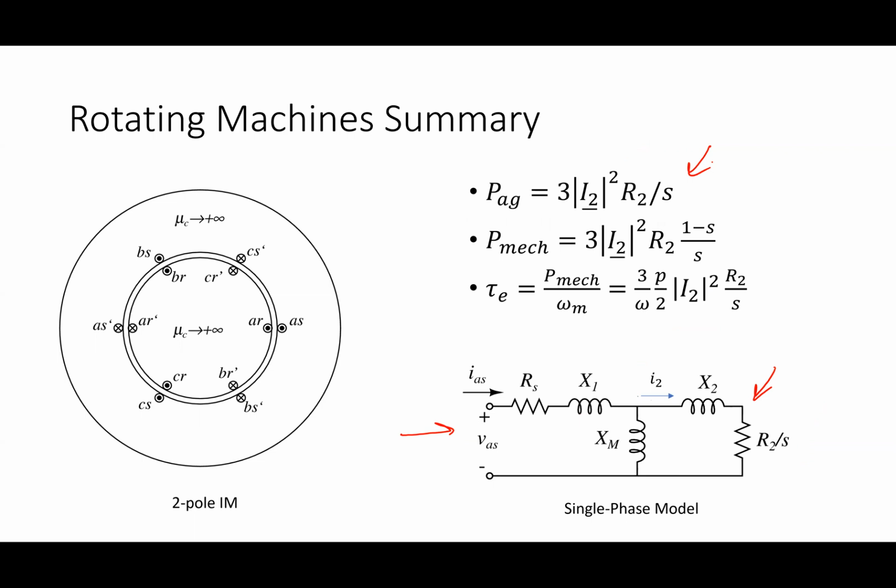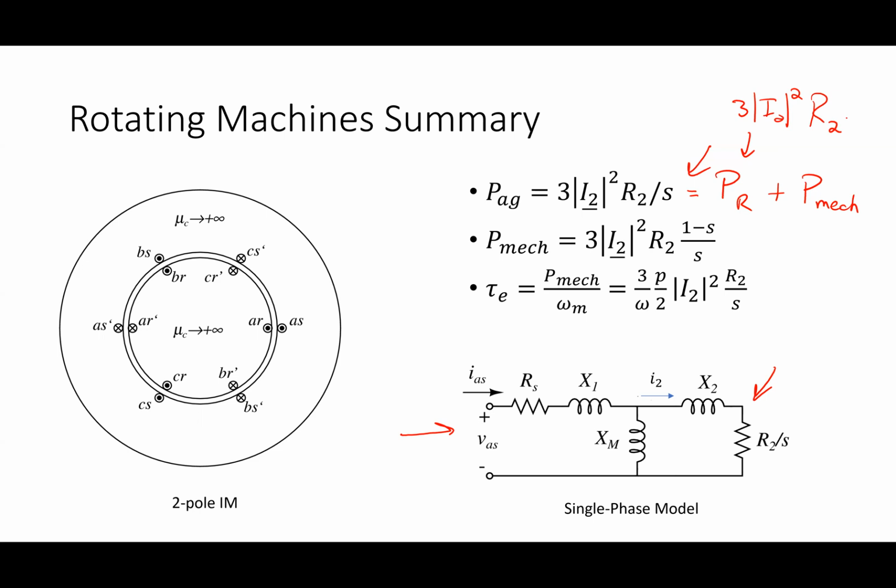Okay. This guy consists of what I call the rotor power plus whatever mechanical power is transferred. All right. The rotor power is just the losses in the windings on the rotor. This guy would just be 3 times I2 squared R2. How much is being lost in heat?